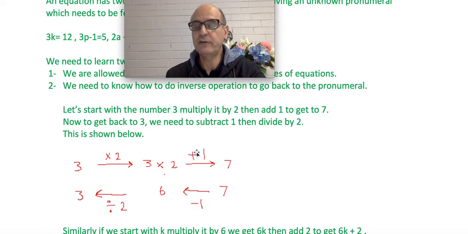The opposite of adding 1 is taking away 1. So 7 take away 1 is 6. Now here the operation that we've done, we times by 2. We're going to do the opposite of that. So we're going to divide by 2. So 6 divided by 2 is 3. And I went back to my 3. That is important to understand.